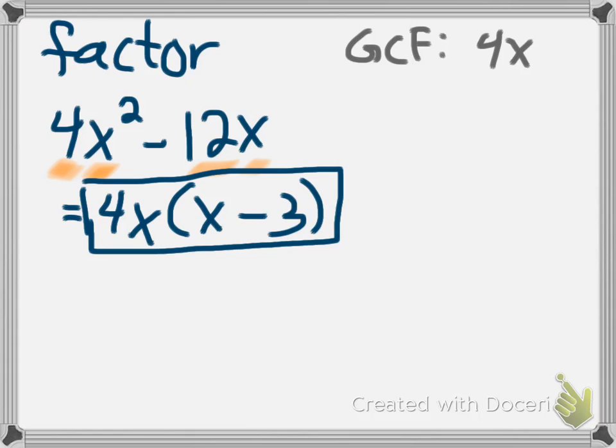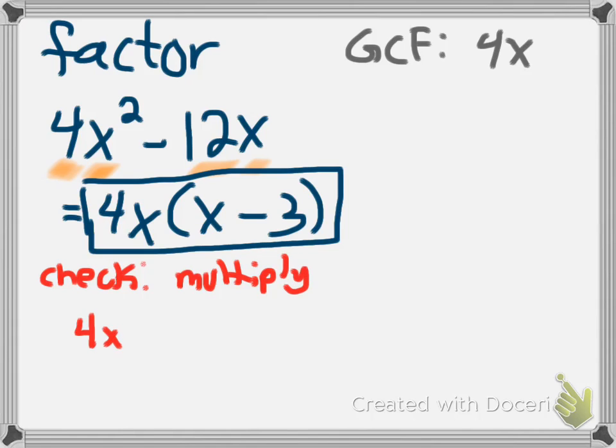But how do we check? How do I know for sure? I can try to do this all day, but how do we check that it actually makes sense? In order to check this, you multiply, and you try to see if you get the original question. So I'm going to take that 4x times x minus 3. I'm going to check my work by multiplying my answer out to see if I get my question.